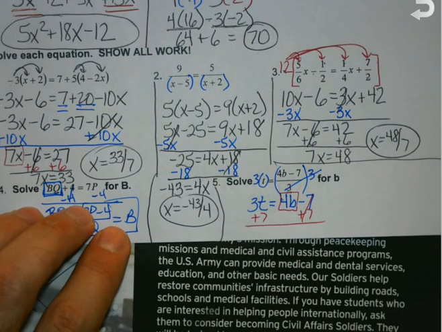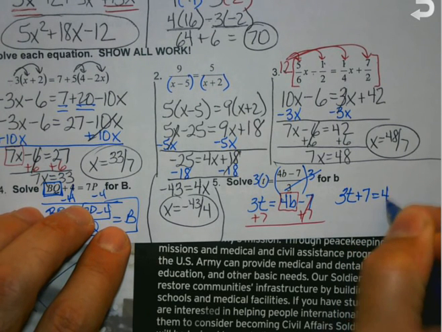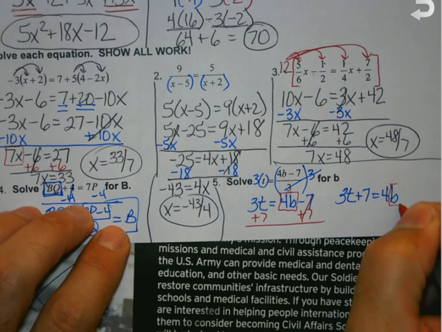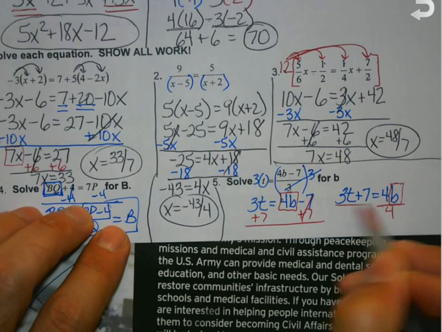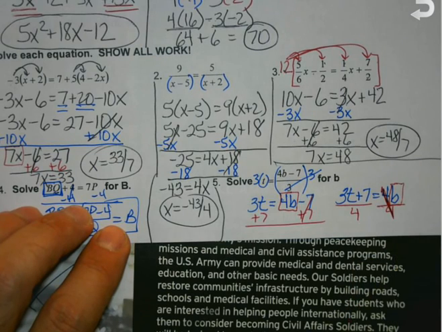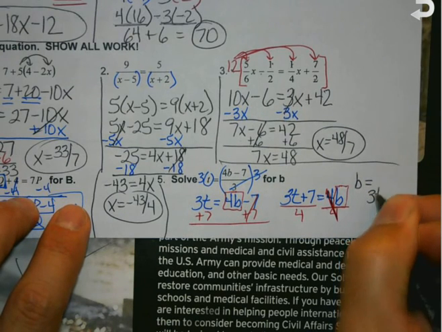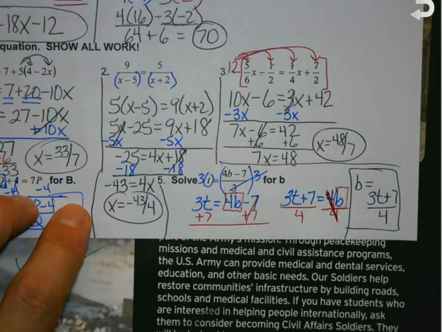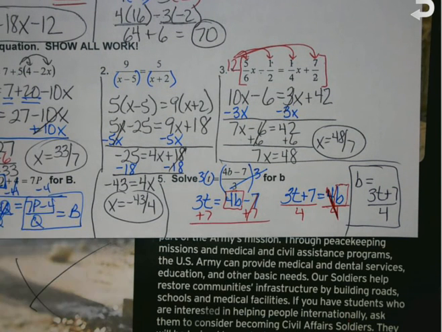It's not in my inner circle here. So 3t plus 7 is 4b. Again, if you need to, let's get visual. I want b by itself. The 4's not in the box anymore. To get that 4 out of there, which I'm multiplying by, I can divide. So b is going to be 3t plus 7 over 4. If you want to break it up into separate fractions, 3/4 t plus 7/4, you can, but it's definitely not necessary.